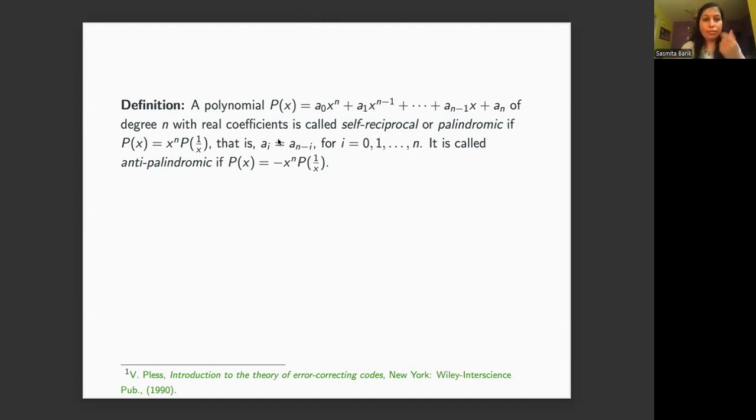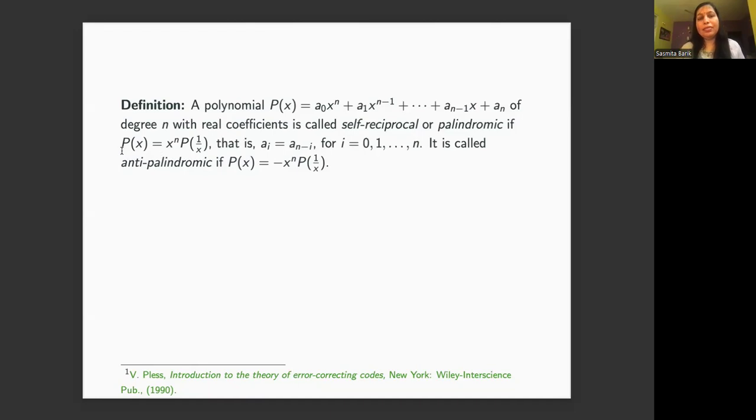So first I'll define this: take any general polynomial, a0 x to the power n and so on, up to n. This is a degree n polynomial, and it has real coefficients. It will be called self-reciprocal or palindromic if ai is equal to a(n minus i), for i equal to 0 to n.